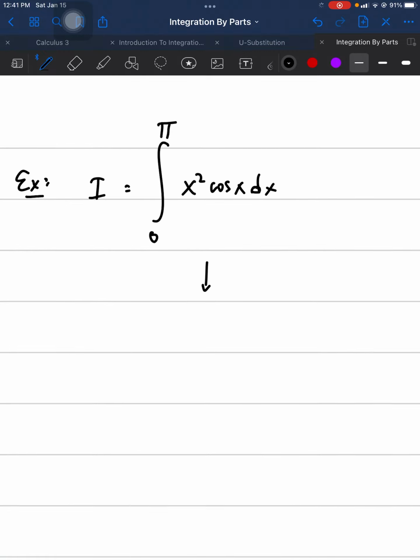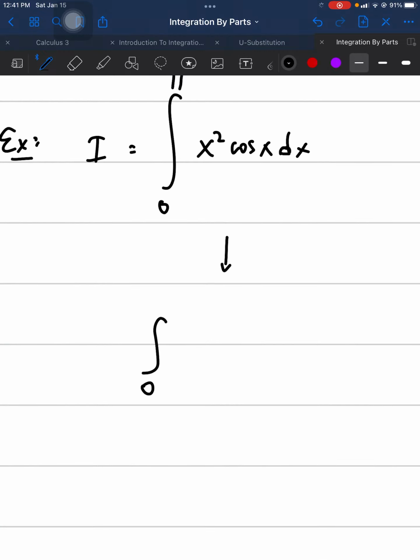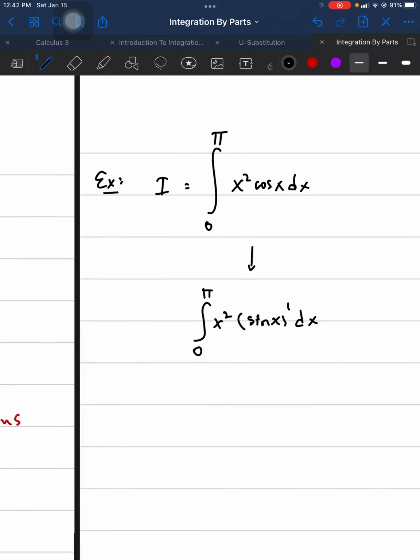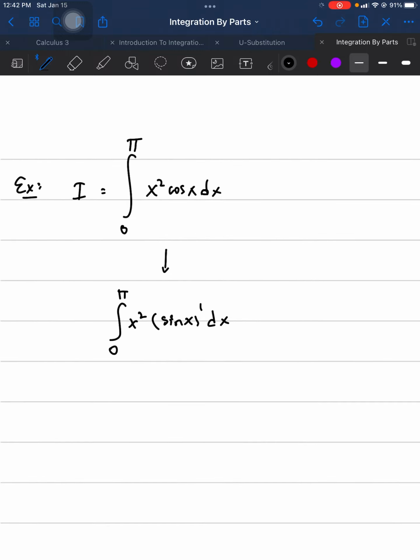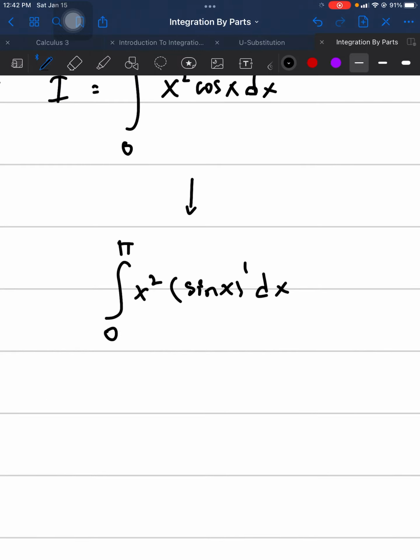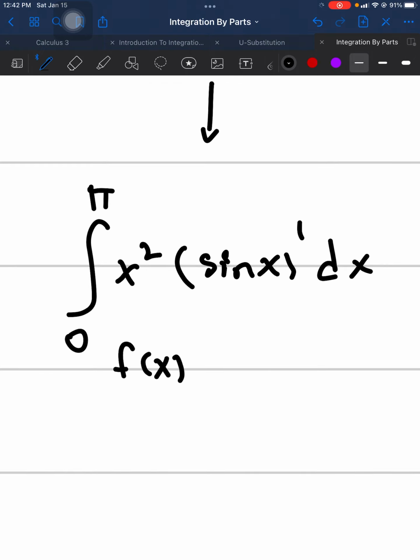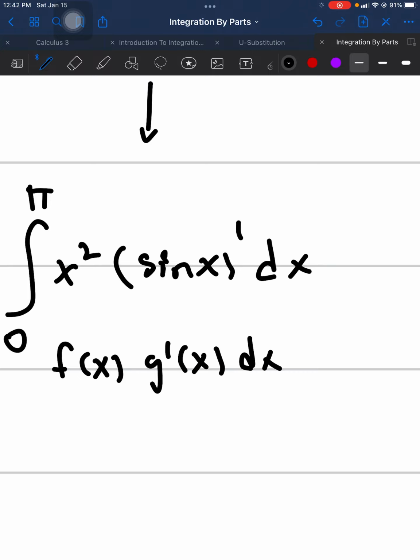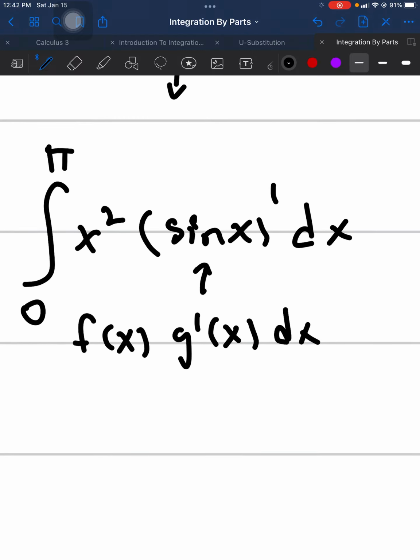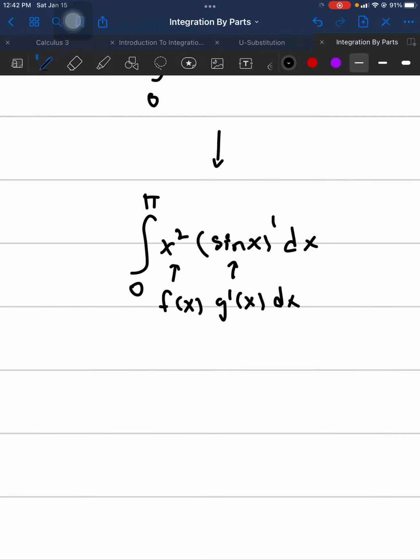We can switch this into the integral from 0 to pi of x squared times, the derivative of sine x dx. So now we're basically in that form, f of x times g prime of x dx. g prime of x is this right here, f of x is this right here.